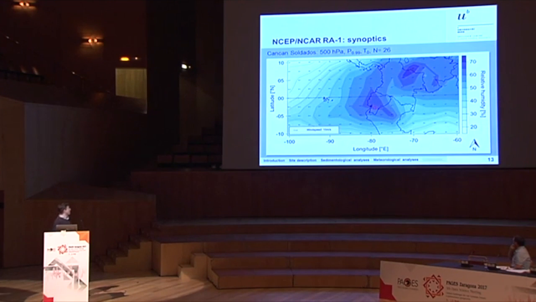If we overplot now those 26 events at the 500 hectopascal geopotential height, and for relative humidity, as well as for wind direction and wind strength, one sees that actually the moisture is coming from either the Atlantic region or from the Amazonian basin.